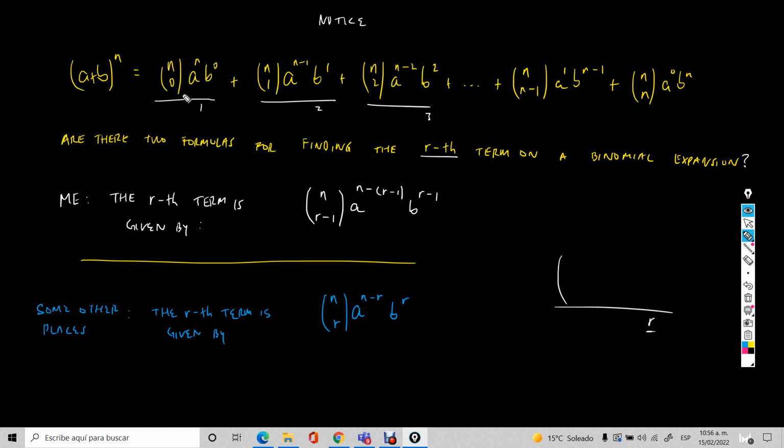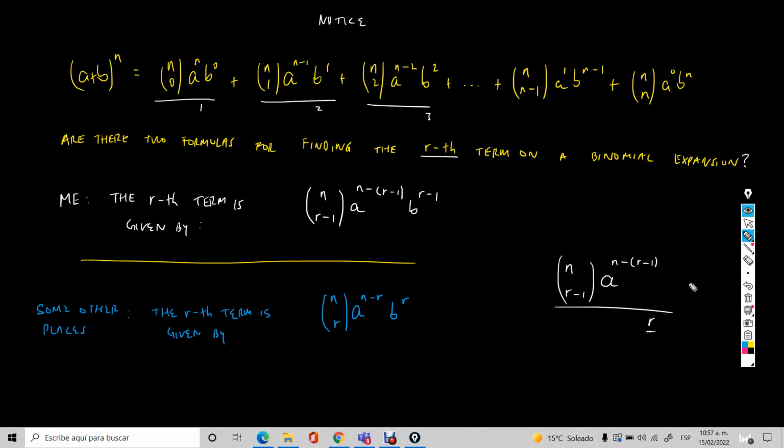Basically, if you follow the same scheme, then for the term number r, you're going to have n choose r minus 1 in here, because this number is always 1 less than this one. Can you see? And then a raised to the n minus r, I'm sorry, I made a mistake in here, n minus (r minus 1), like so.